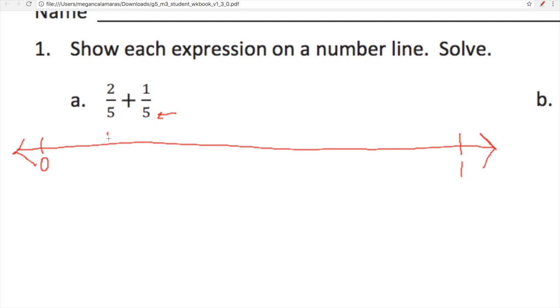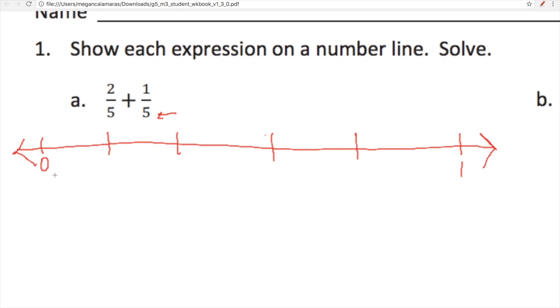Here's 1 interval. Here's 2, 3, 4, and 5. So let's make sure we're good. We should have 5 equal intervals here.